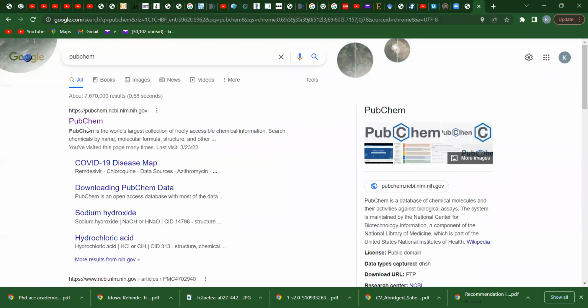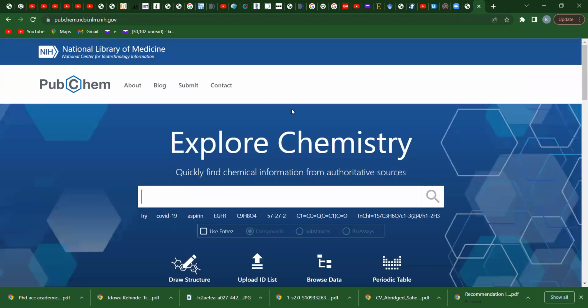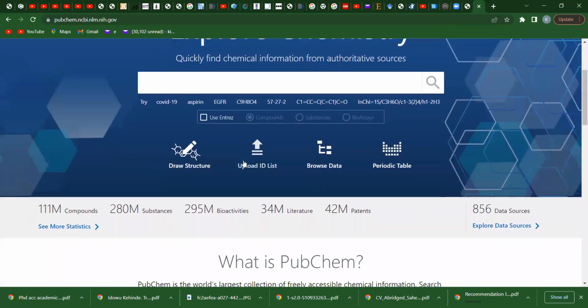Just type PubChem on your browser, and it takes you to PubChem. So this is PubChem, a chemical library sponsored by NIH, the National Library of Medicine. It is an NIH platform with over 200 million compounds.